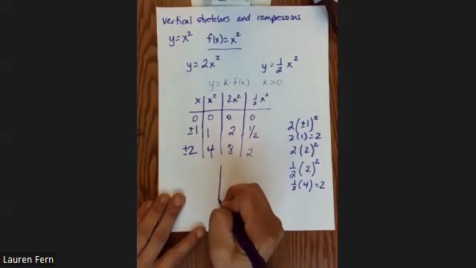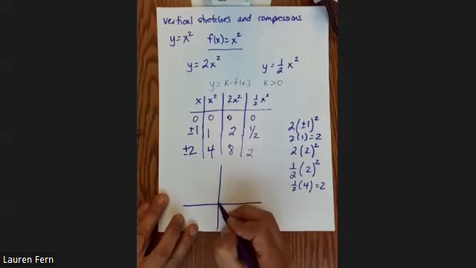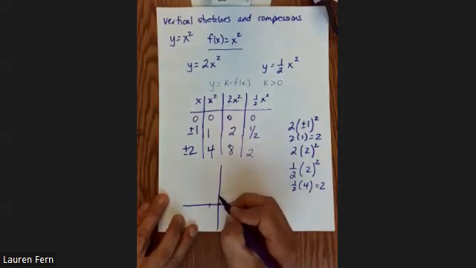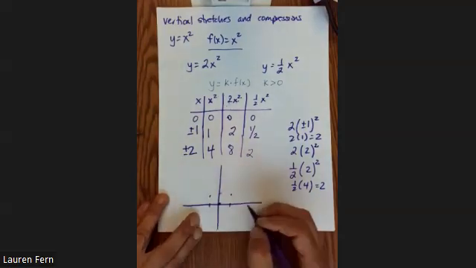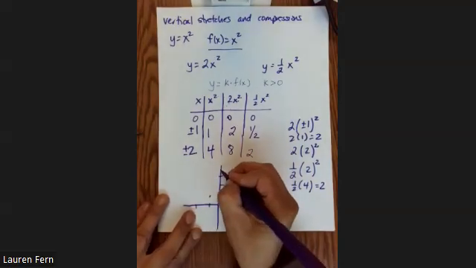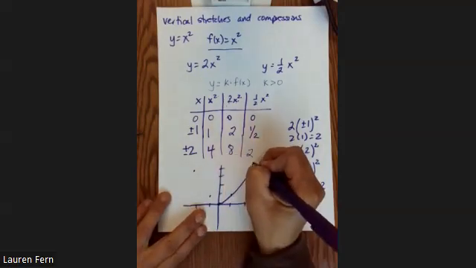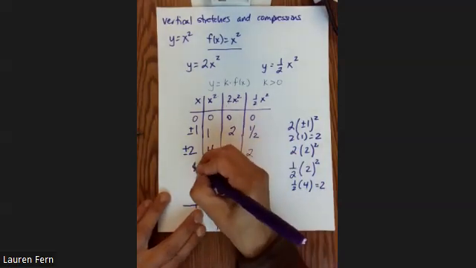So if I'm to graph this, let's see what happened to our graph. I have 0, 0, positive or negative 1, 1, 2, negative 2, 4. Okay, here's my basic y equals x squared function.